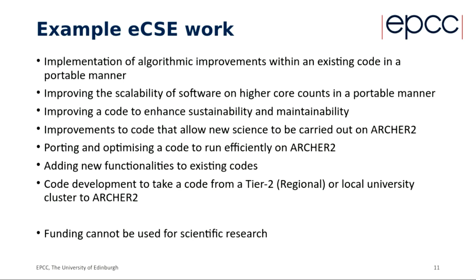It's important to note here that the code you have at the moment should be at least able to run on a tier 2 system. So we're not looking here at funding, say, serial codes to parallelize them. We're looking here for codes that would already run on at least a tier 2 level system that could scale up to ARCHER2 as part of the project.